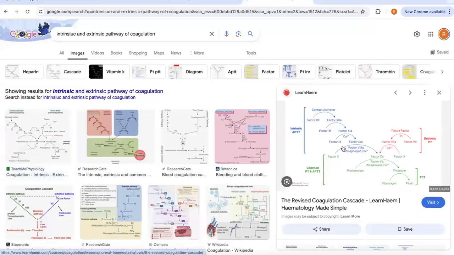Okay, so see this one, the intrinsic pathway is mainly managed by factors 8, 9, 11, and 12.